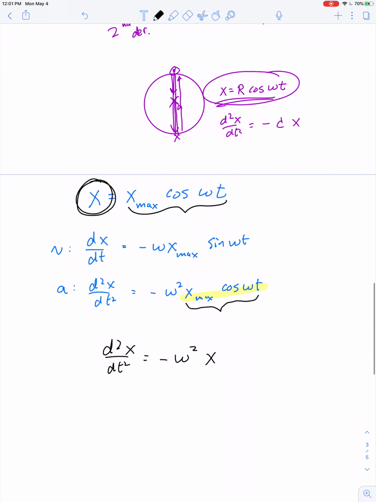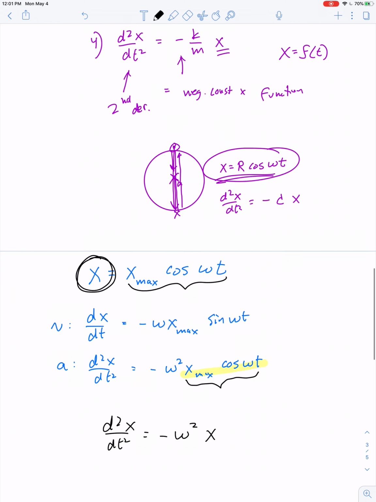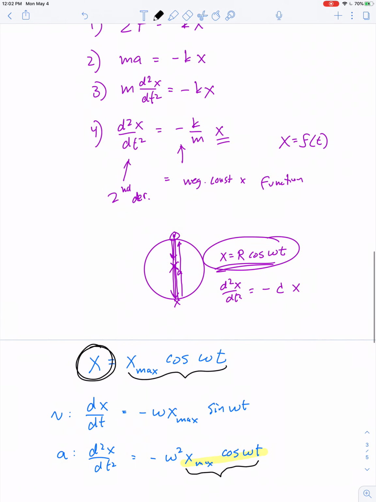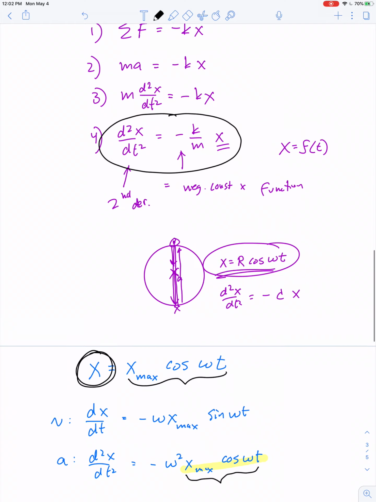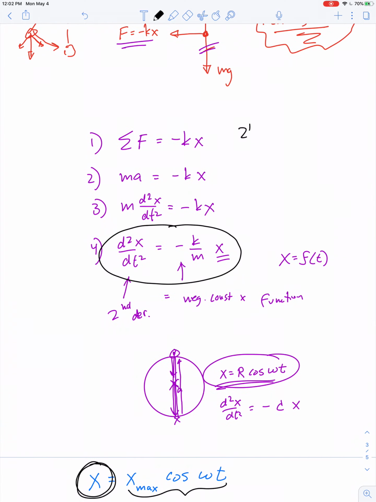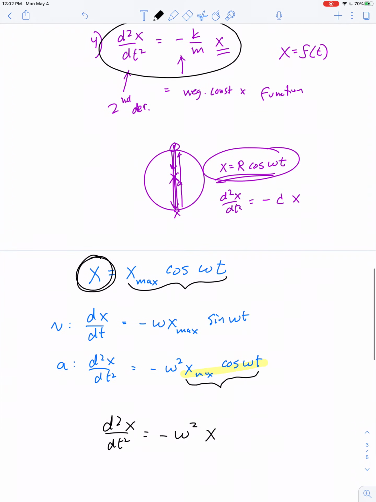So can we correlate this result we know must be true based on Newton's second law along with our guess, which gives us this expression?